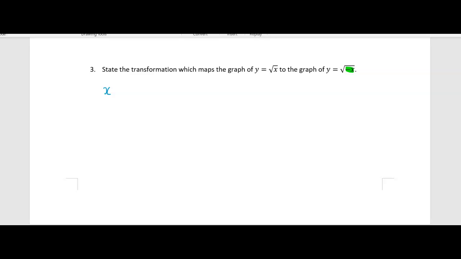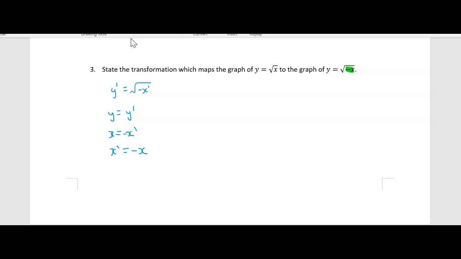So y dash equals square root of negative x dash. I'm not going to rearrange anything. So y equals y dash and x dash is equal to negative x.